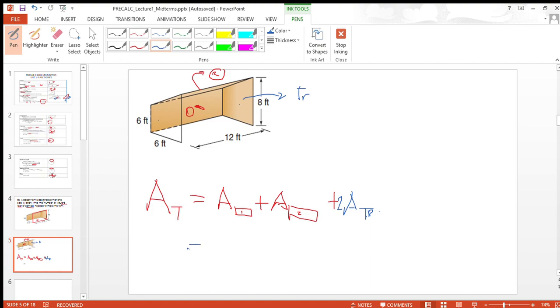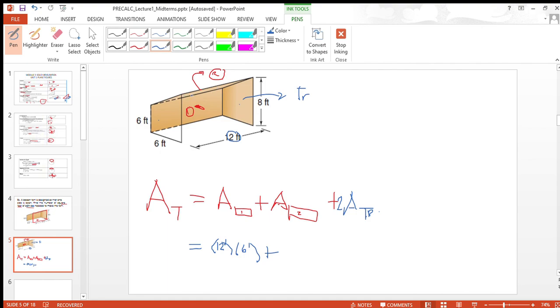Okay, so going further, the area of this rectangle will be length times width. So this length is given by 12. So that will simply be 12 feet by this 6 feet. 12 feet times 6 feet plus the area of this rectangle here.